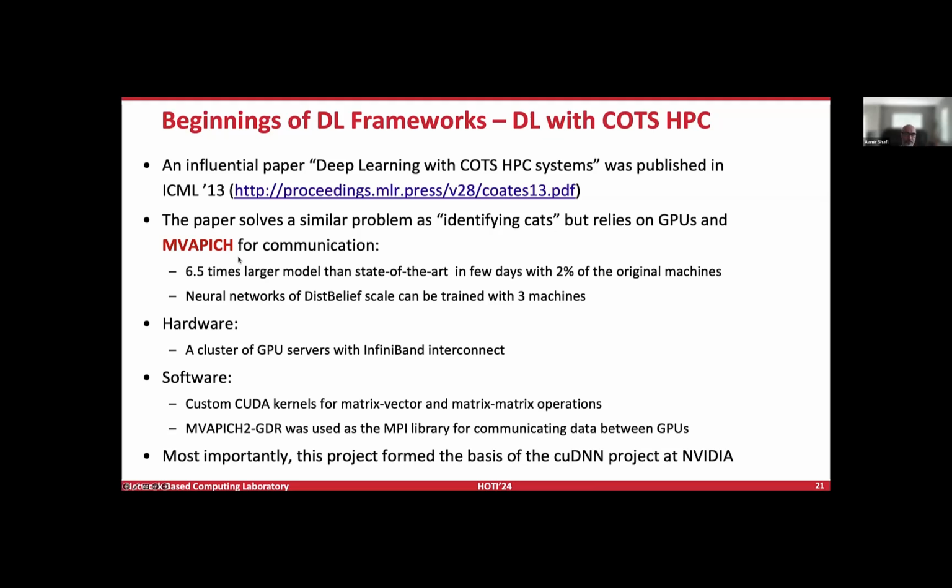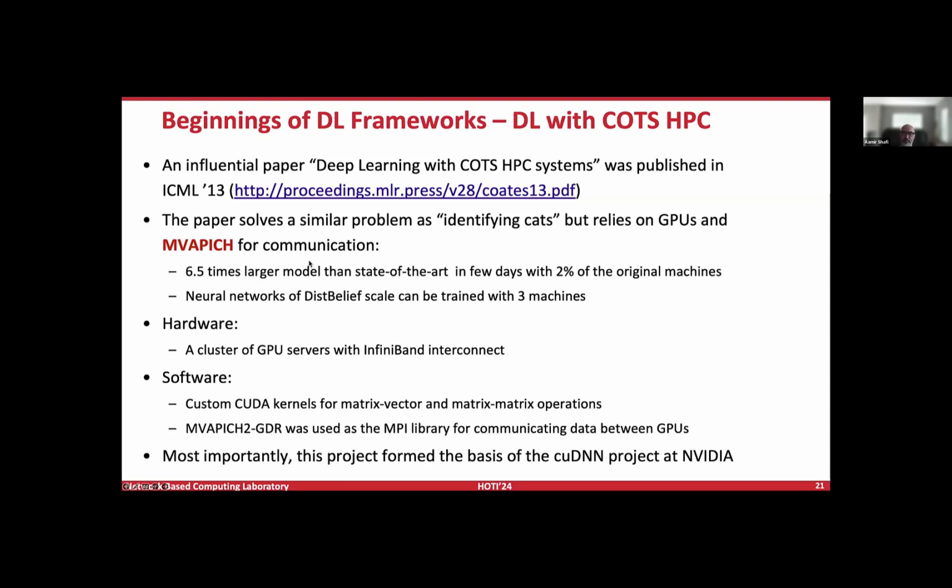These used MVAPICH, a communication library coming out of Ohio State University, led by Dr. Panda here, for communications. So compared to 16,000 CPUs, just a couple of nodes with 4 GPUs and a GPU-aware MPI-based communication library provided similar performance.